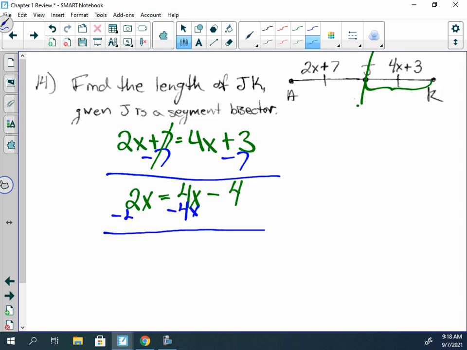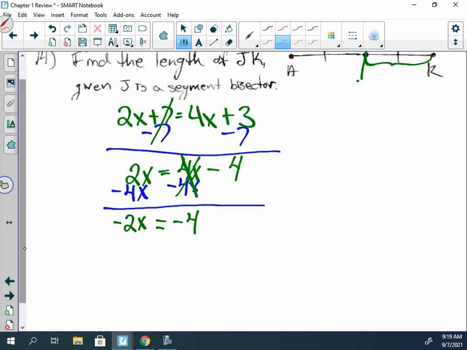Subtract the 4X from both sides so that we get the variables on the same side. 4X minus 4X would be 0, leaving us negative 4 on the right-hand side. 2X minus 4X is negative 2X. Divide both sides by negative 2 so we can officially get X by itself. The negative divided by negative would give us a positive. 4 divided by 2 is 2. So X is equal to 2.